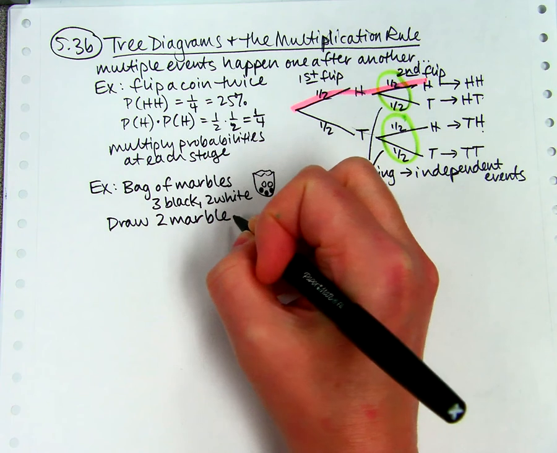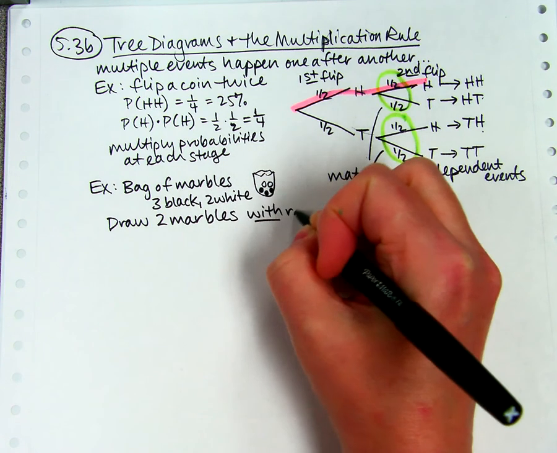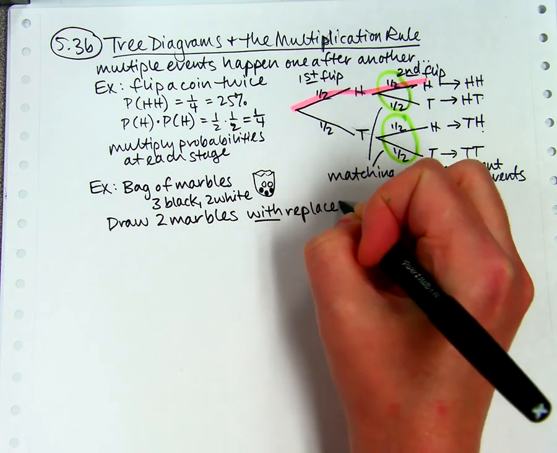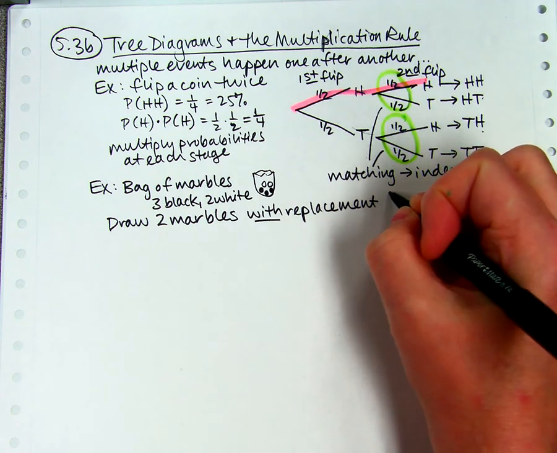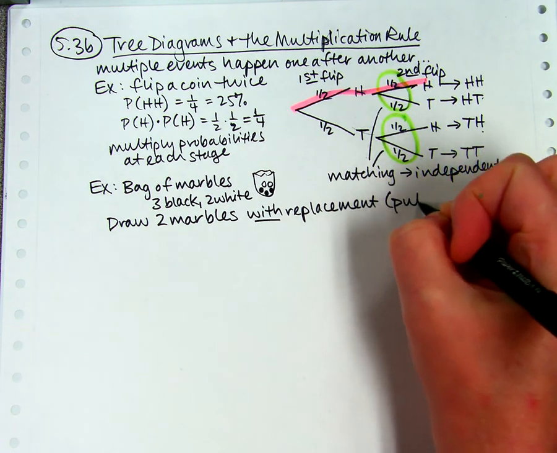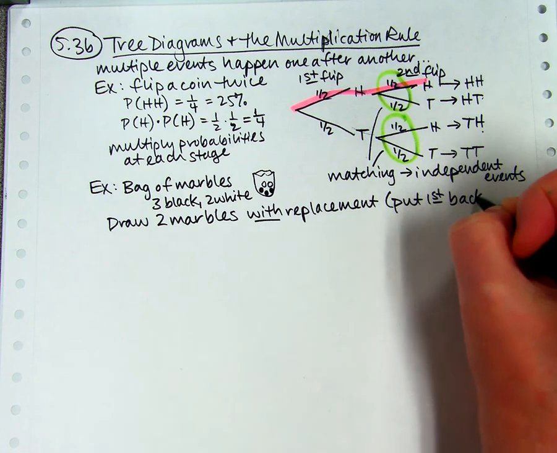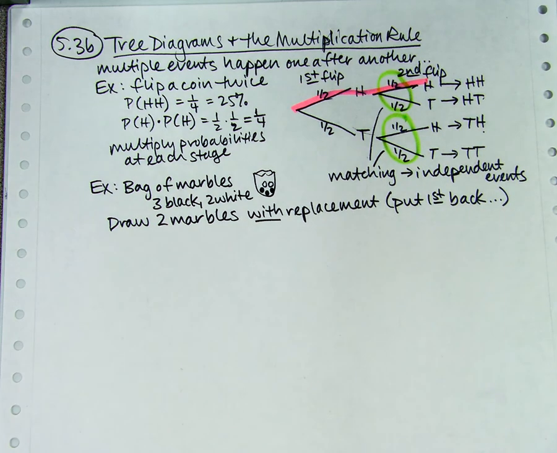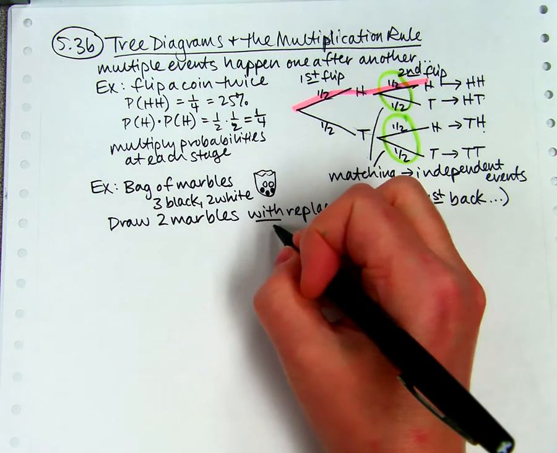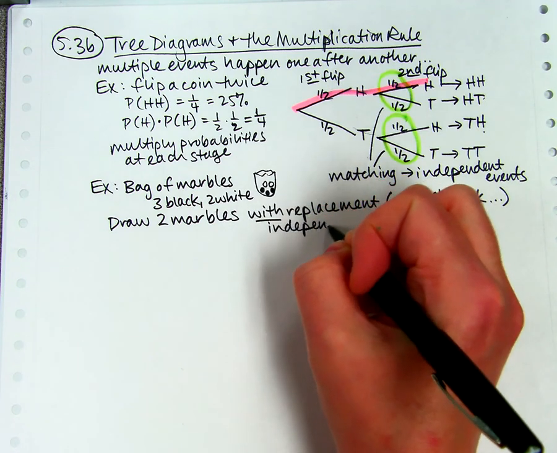I'm going to draw 2 marbles with replacement, which means I might happen to get the same marble twice, and that would be fine. With replacement just means I'm going to put the first one back after I look at it and write it down, and then I'm going to draw another one, which might be the same as the first and might not be. With replacement causes this to be an independent situation.